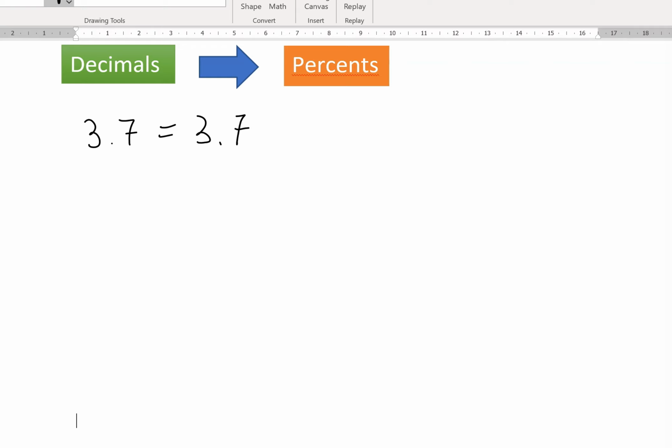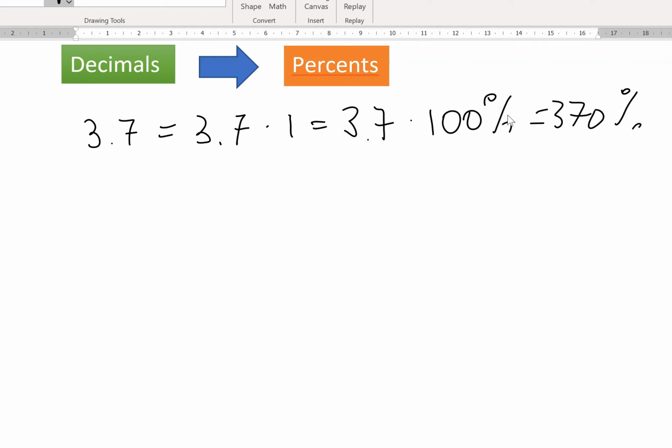Consider multiplying 3.7 by 1, and the 1, you're going to write it as 100%, remember? So 3.7 times 100%. For now, just ignore the percent sign and do the multiplication. 3.7 times 100, which is 370. And don't forget in the end to copy the percent sign, which is here.